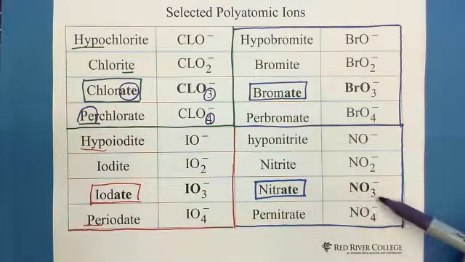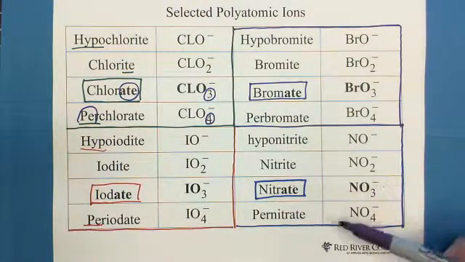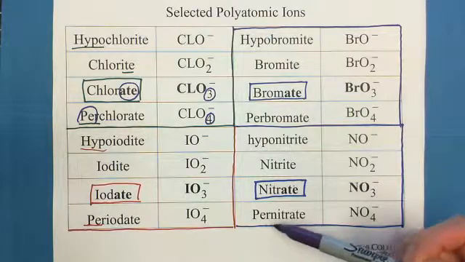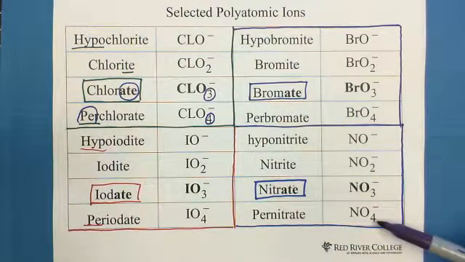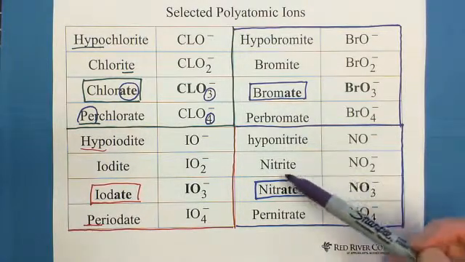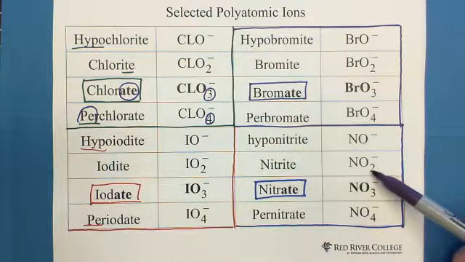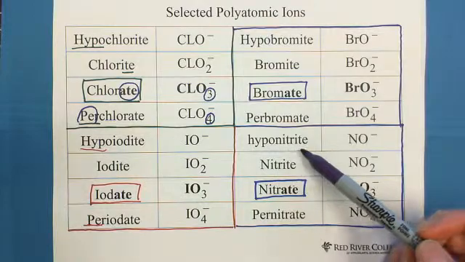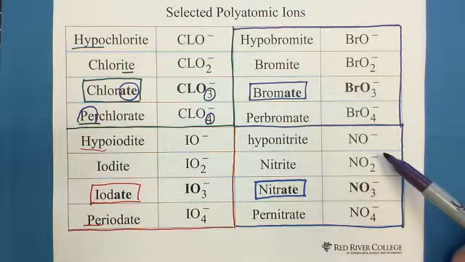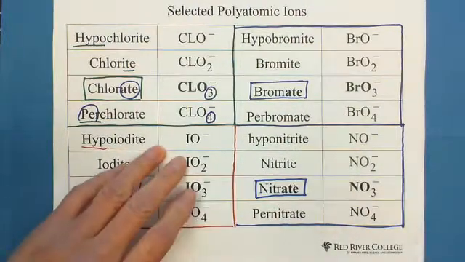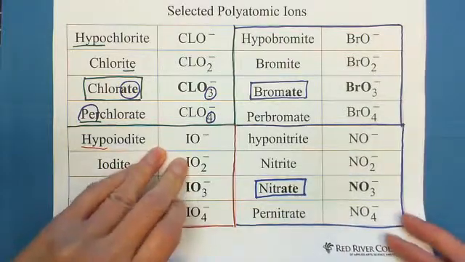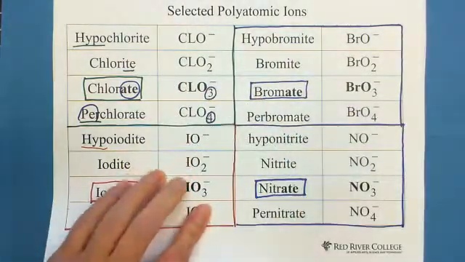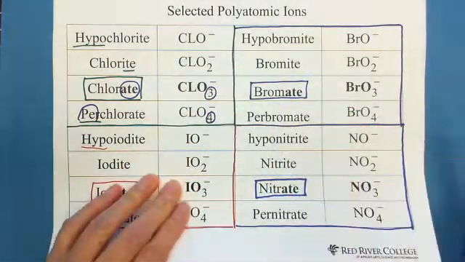Nitrate is NO3, -1. One more oxygen is pernitrate. One less oxygen is nitrite. Another one less is hyponitrite. In these 4 blocks, the charge is always -1.